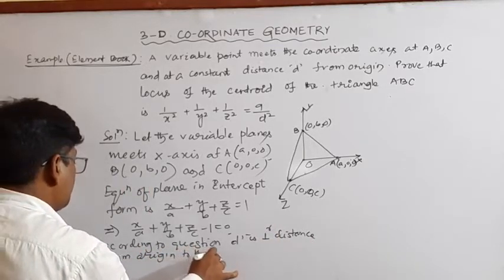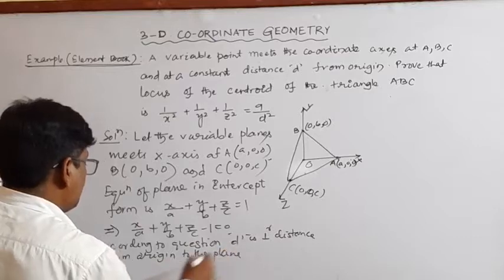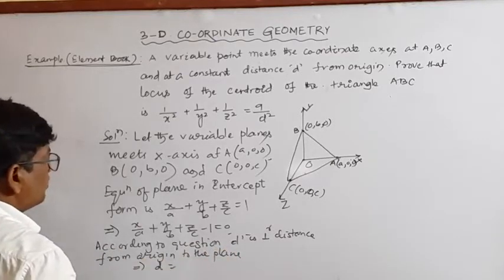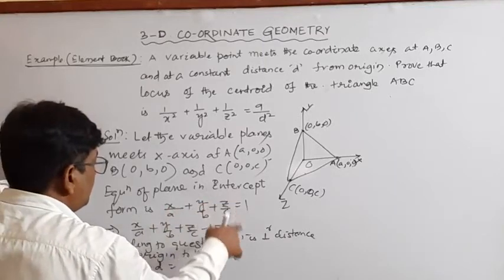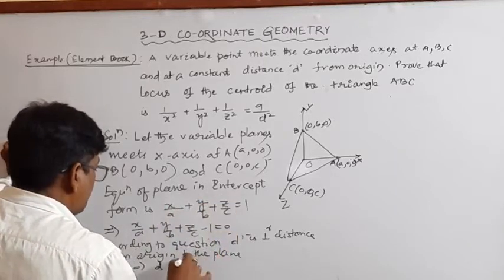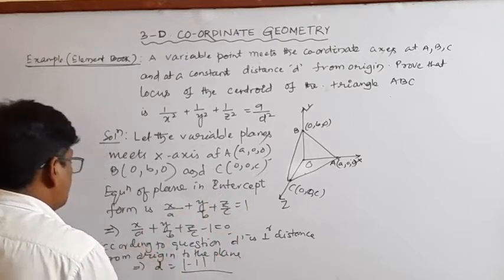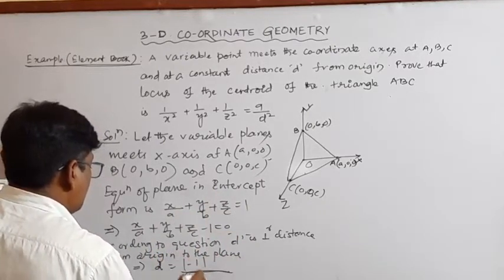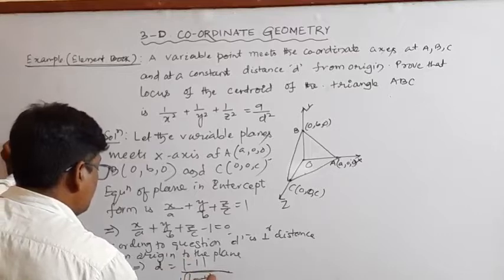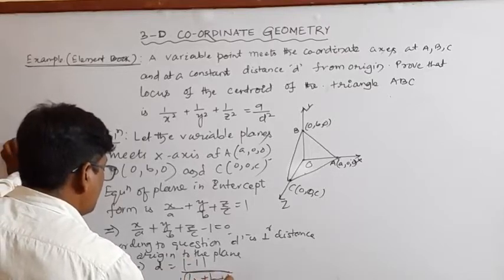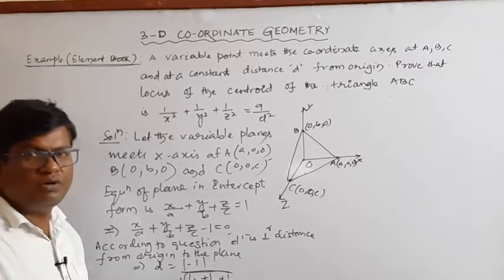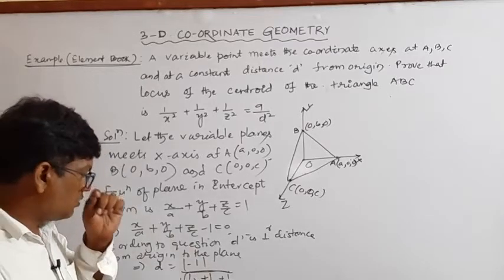That implies d is equal to, putting x equal to 0, y equal to 0, z equal to 0 here, minus 1 mod divided by the square root of the x coefficient square plus y coefficient square plus z coefficient square, that is 1 by a square plus 1 by b square plus 1 by c square.